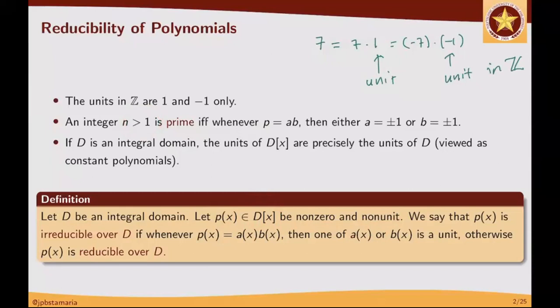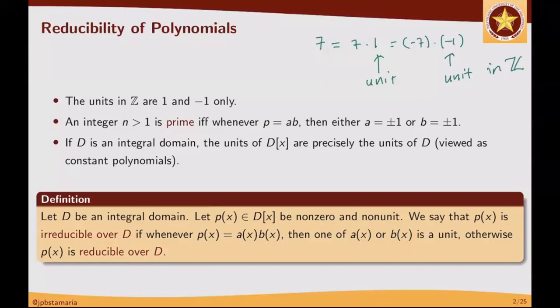Bawal 0, bawal ang unit. So we say P of x is irreducible over D. Ito yung hindi na ma-factor. If whenever you force factor it into A of x times B of x, then certainly one of A of x or B of x is a unit.